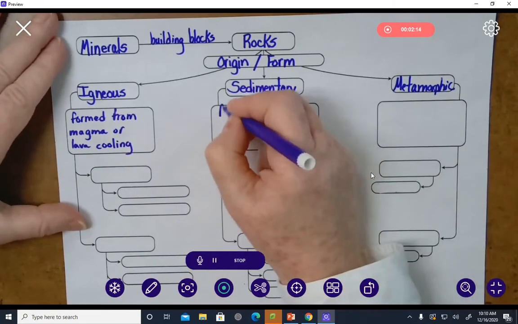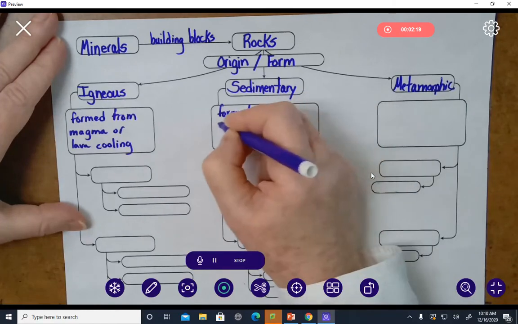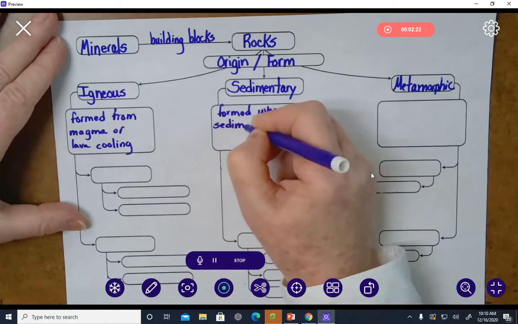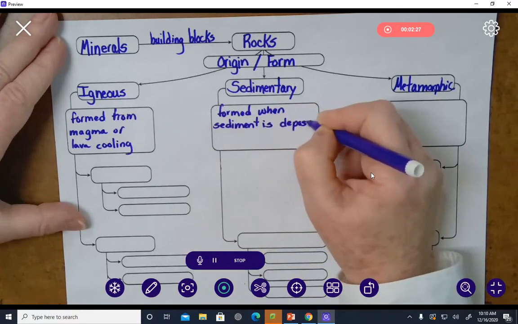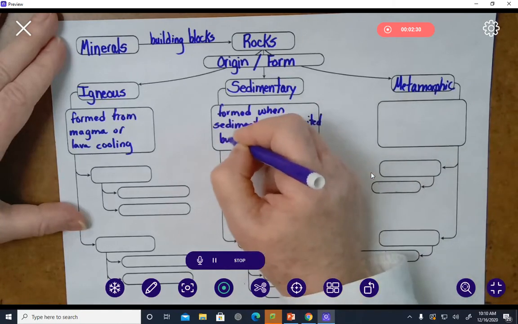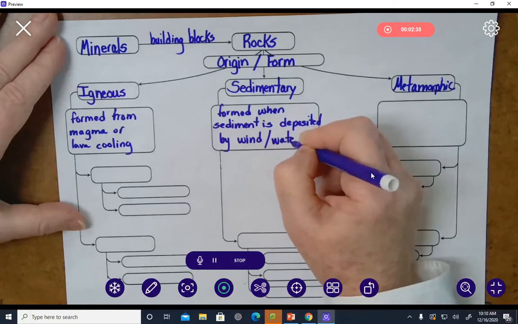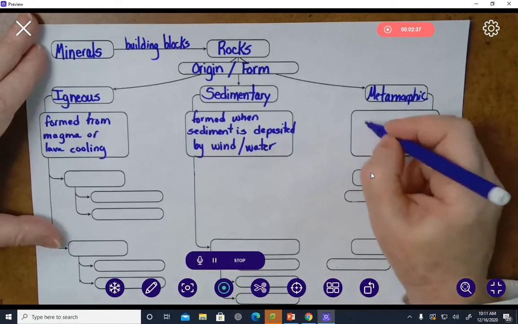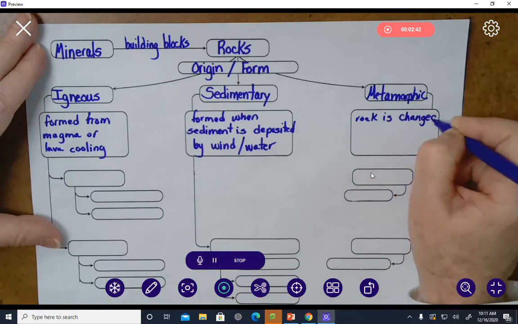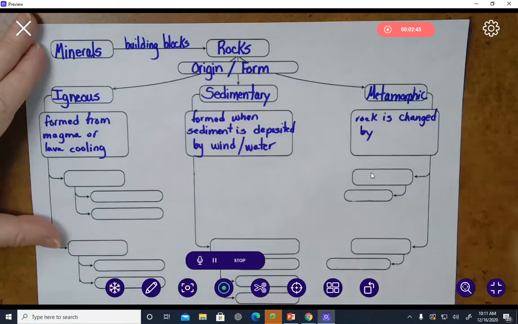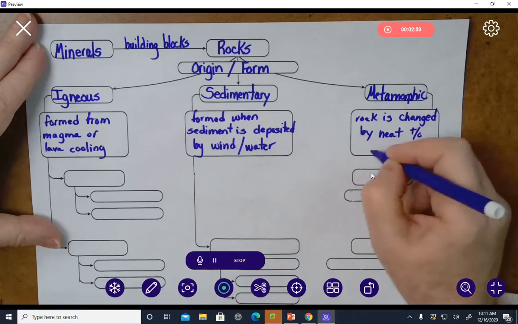Sedimentary rock is formed when sediment is deposited by wind or water. And do you remember the P and the H here? Metamorphic is just when a rock is changed by heat and or pressure.